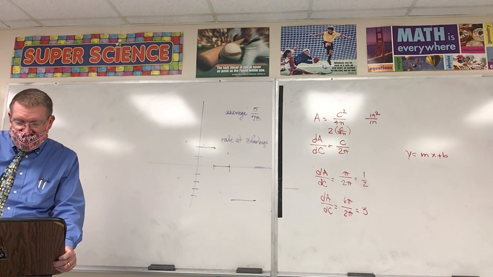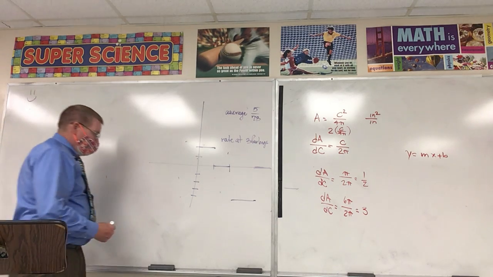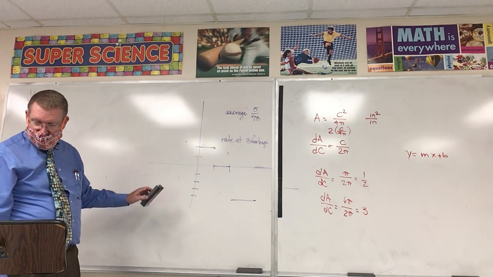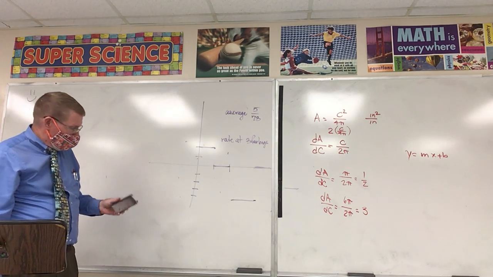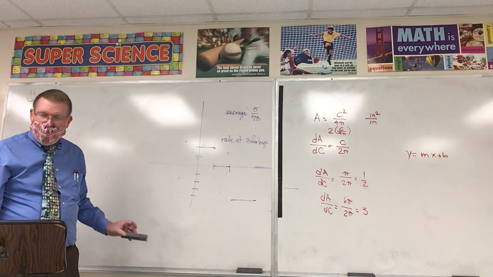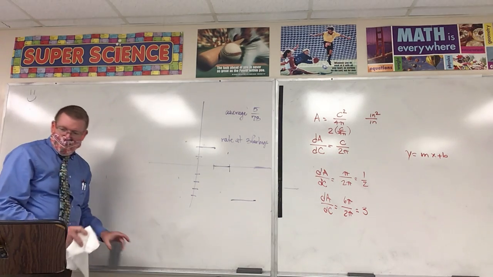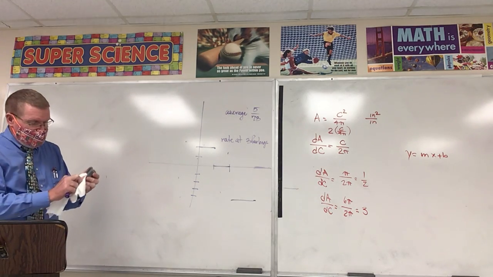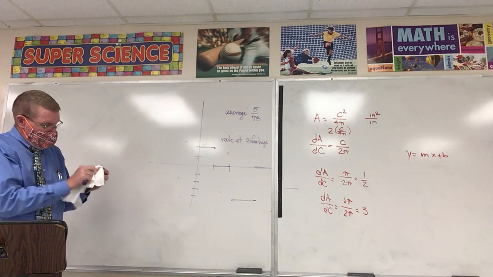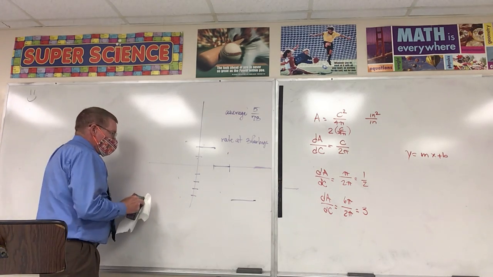Alright, so that's fine. What's the slope between 0 and 1? 1 over 20. What's the slope between 1 and 2? 1 over 13.